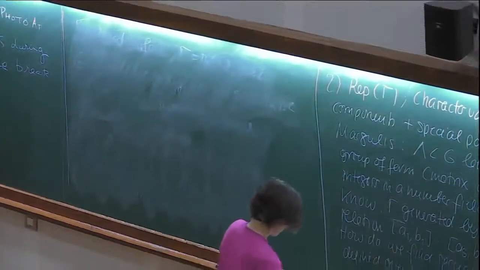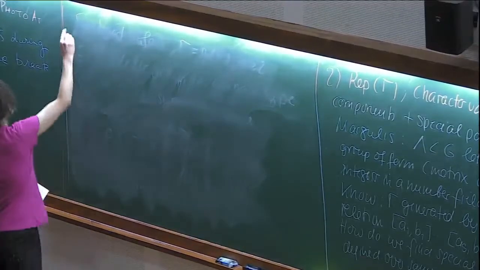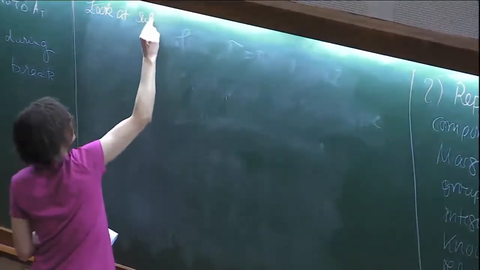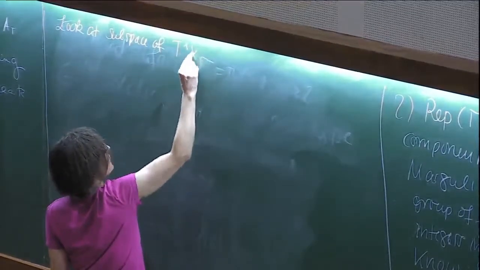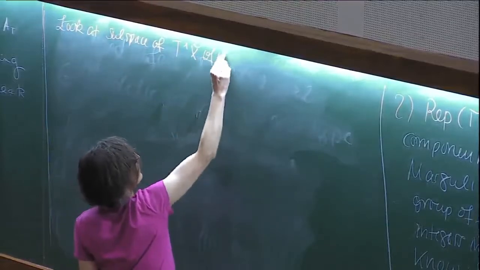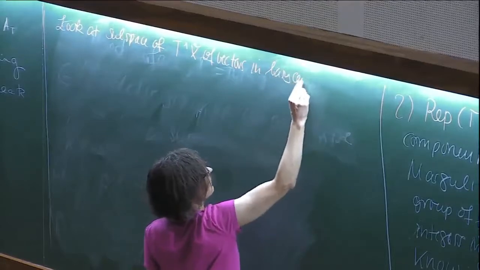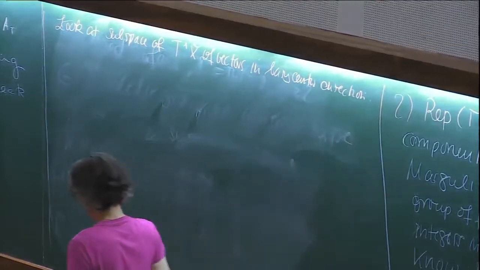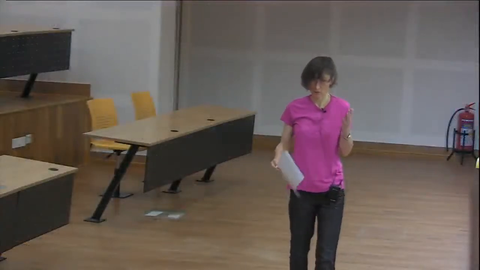You can do the following. You look at the subspace of the unit tangent bundle of this X tilde of vectors in the barycenter direction. That means for each of these flats, these sectors, you pick this one precise vector, and you forget all the other ones.